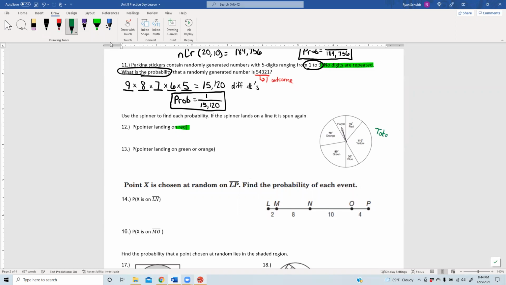It's a circle, so it's going to be equal to 360 degrees. That means the probability that we land on red, we just need this 40 right here, is going to equal 40 over 360, which if we reduce that, would be 1 over 9.